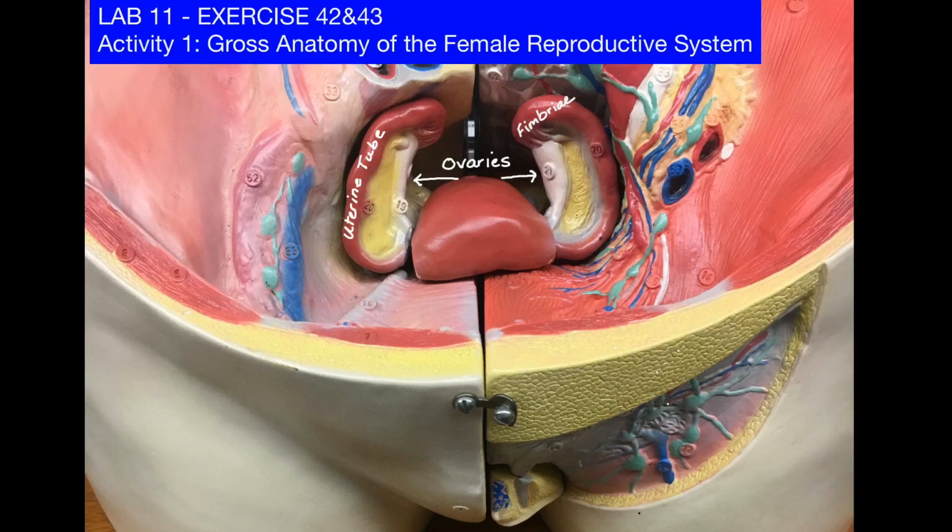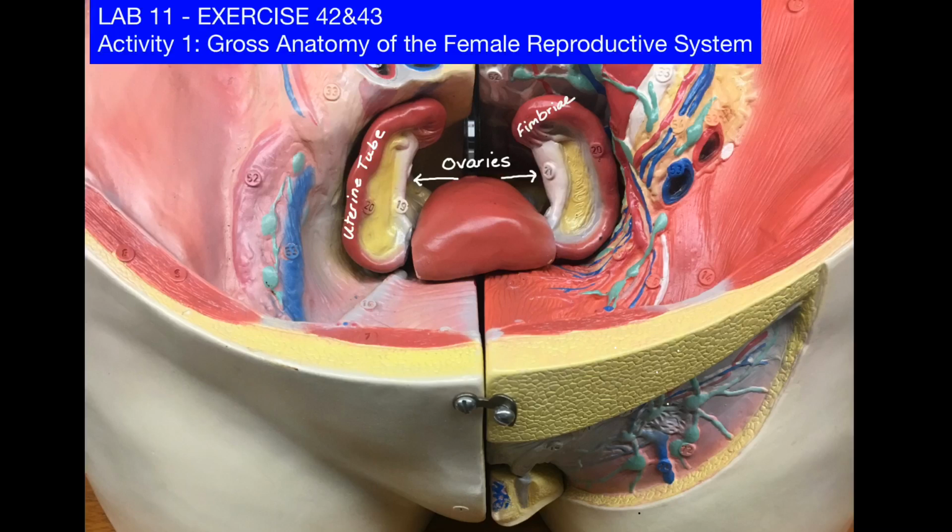And the inner surfaces of the fimbriae are lined with ciliated mucous membranes. But this is why some women can have ectopic pregnancies, or we can see inflammation in the reproductive system, because there is no direct connection between our gonads and our duct system.